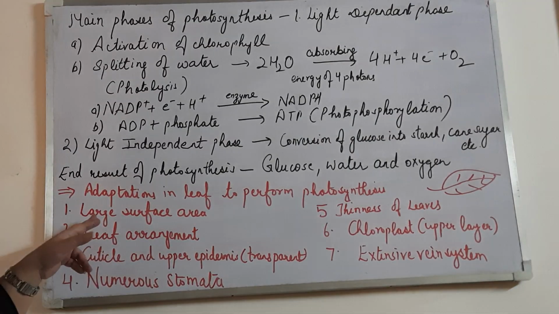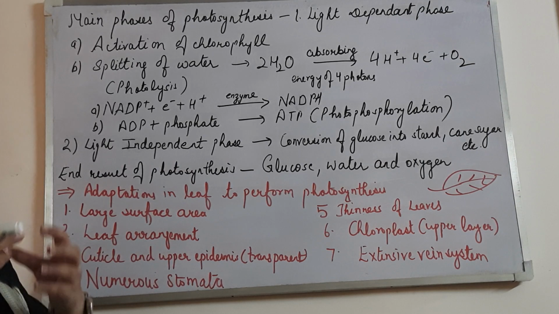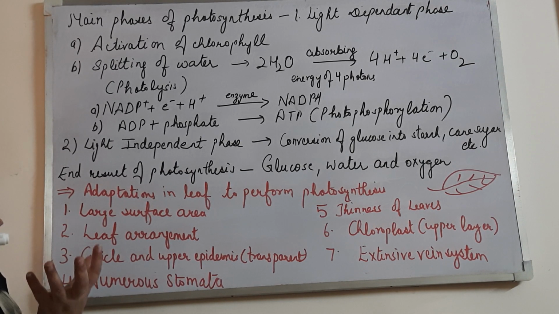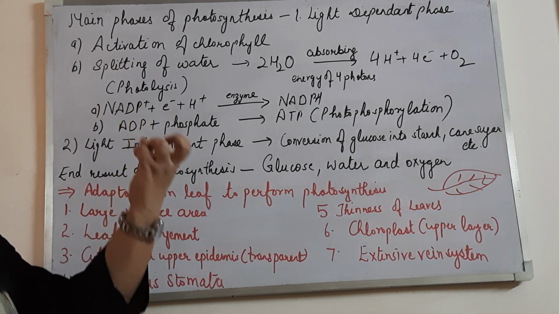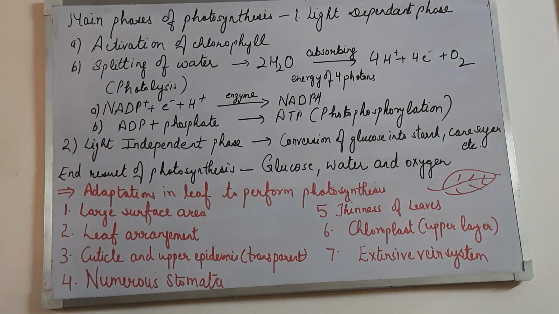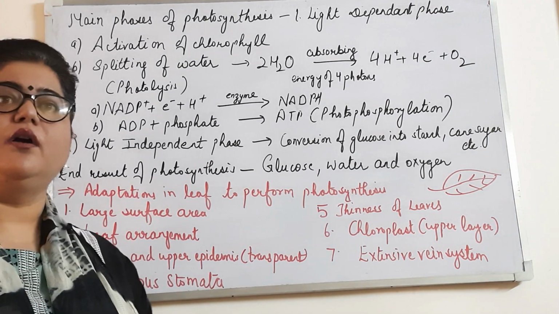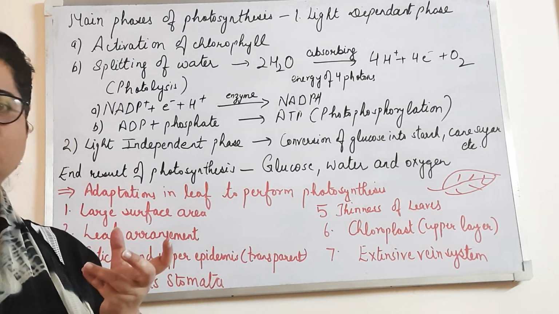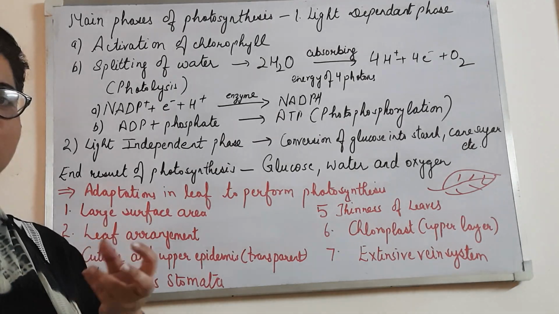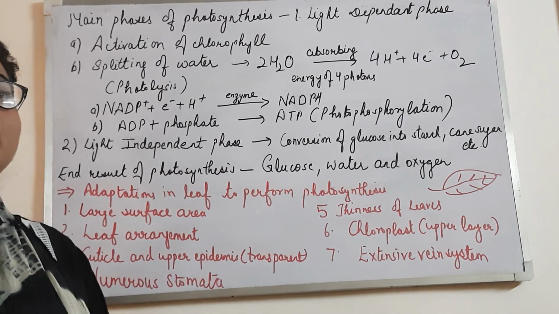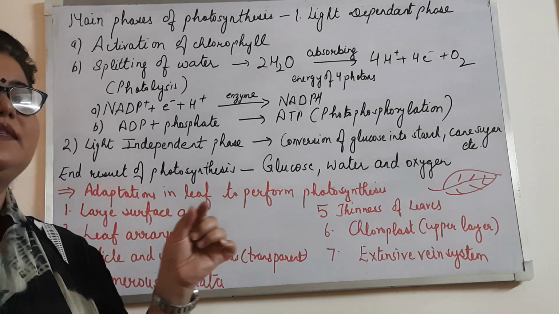First is large surface area. You know that a leaf has a large surface area, so it is more suitable to capture light energy. Here a question arises: there are a few leaves which are very narrow, or rolled up, or turned into spines. We have learned why this happens to the leaf: it has to reduce transpiration.